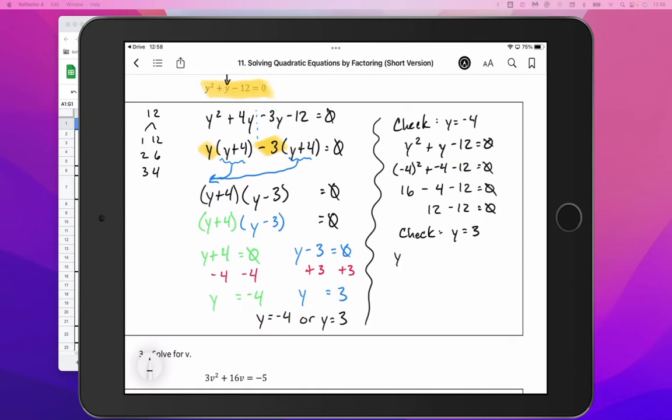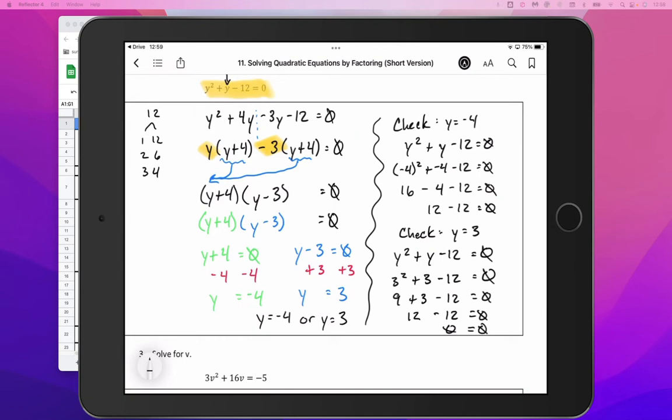So again, our original equation, y squared plus y minus 12 equals 0. If we put a 3 in there, three squared is 9, plus 3 minus 12, and 12 minus 12, again, 0 is equal to 0.